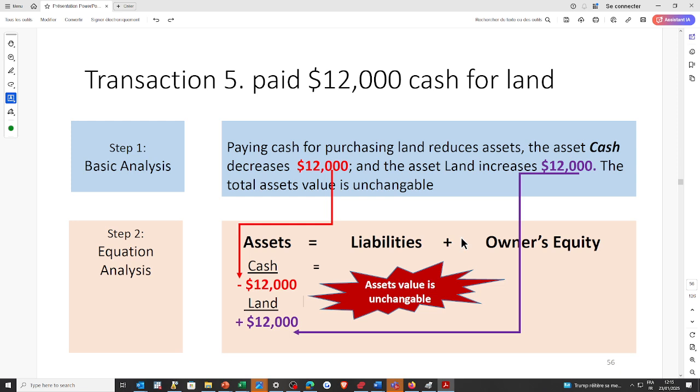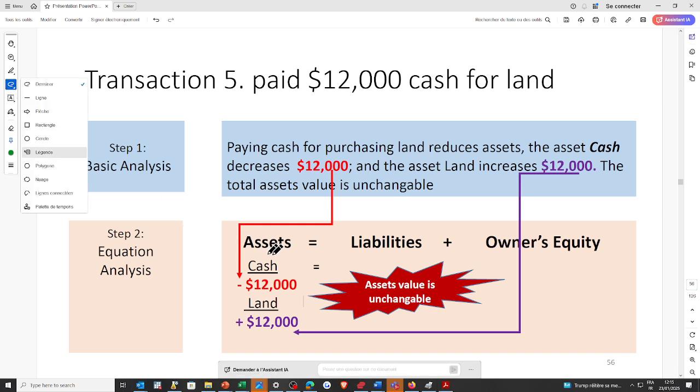So now look at another transaction. We mentioned paid 12,000 cash for land. So what does it mean? It means that the company, paying cash for purchasing land, has its cash reduced. The first one is a cash asset of the company, right? So you see from here that we pay for land, so we have a cash asset decrease, right?